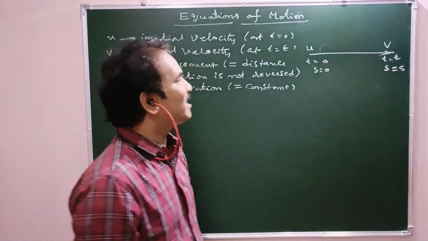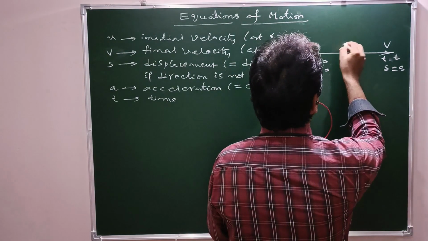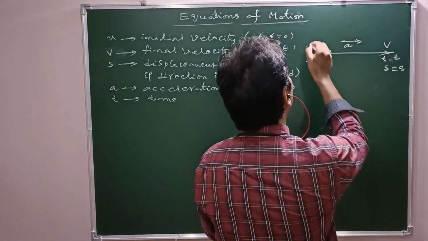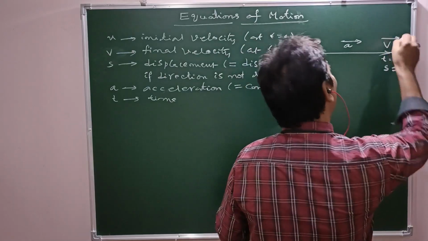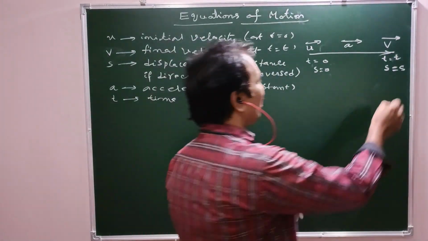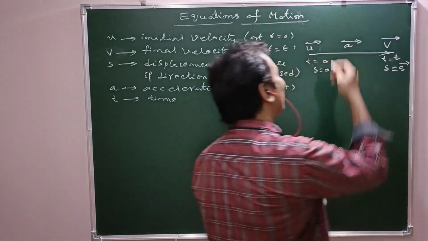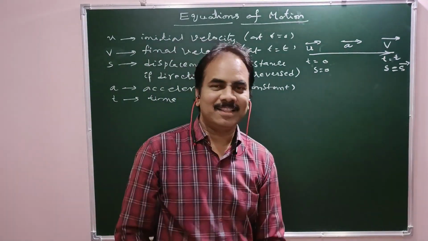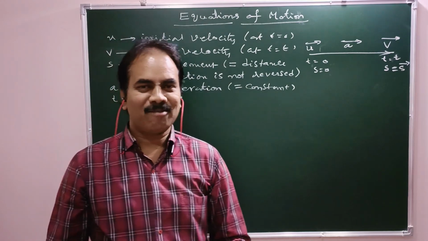That is uniform acceleration. Let it be a, otherwise a bar. Here u bar, here v bar, here s bar. These are vector quantities: initial velocity, final velocity, acceleration, displacement.